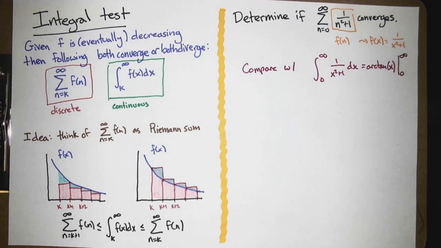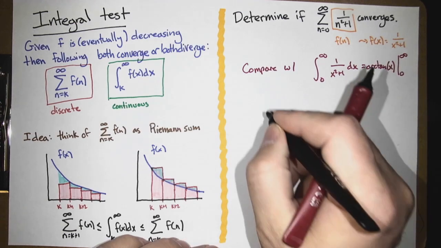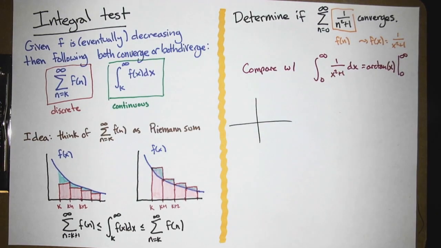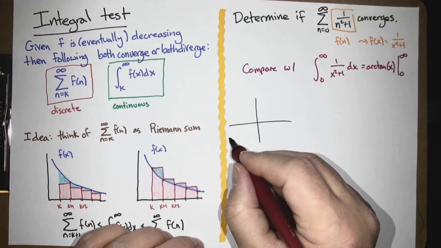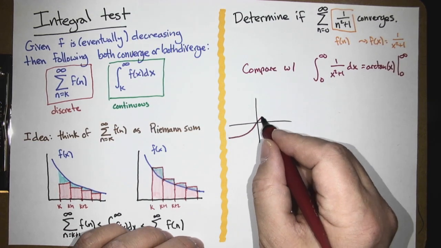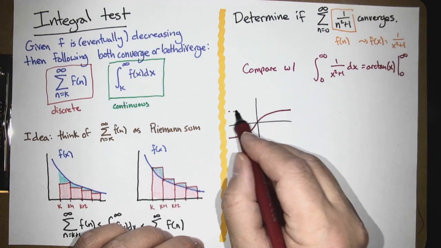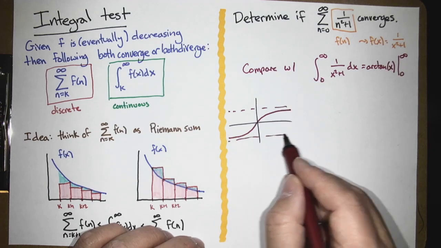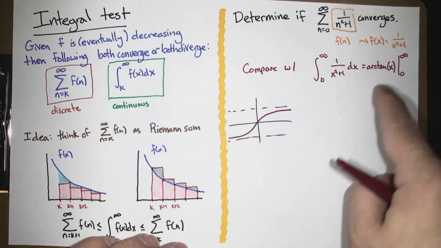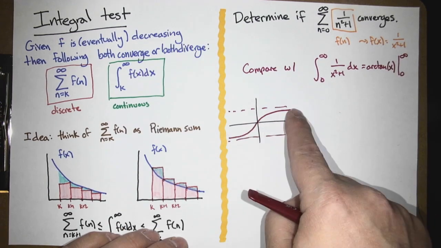Now, infinity is not really a number. It's more of a concept of as things get big. What happens to arctangent as its input gets big? If you were to sketch it, what happens? Arctangent looks something like this. So as the input to arctangent gets big, what does the value do?